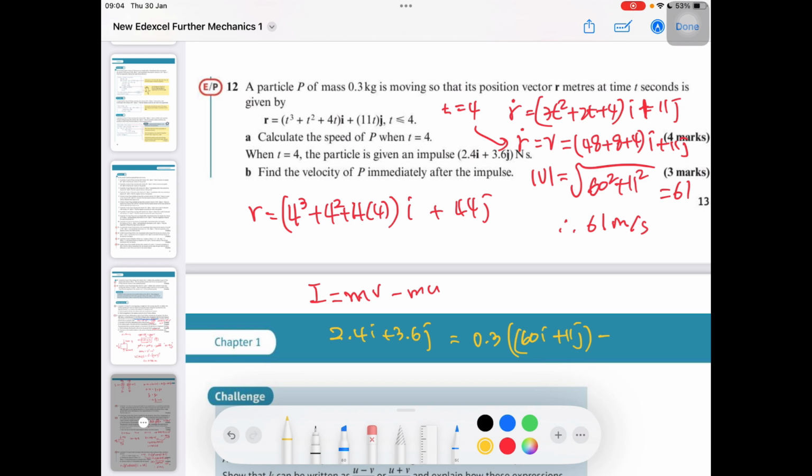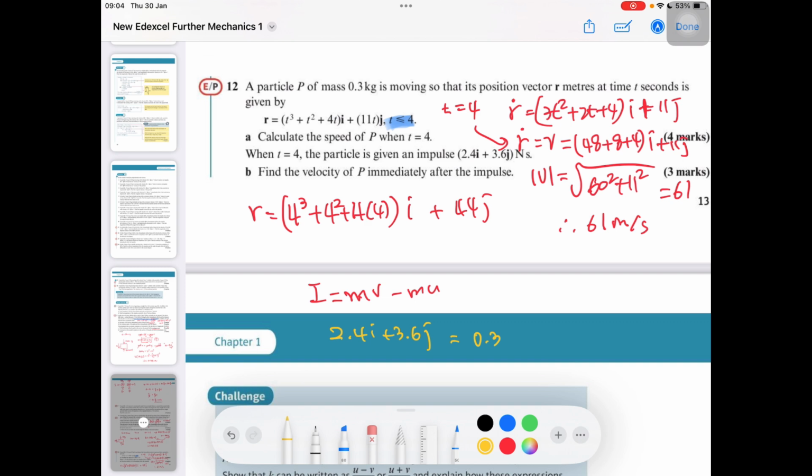Yeah. So right after, immediately after the impulse. So when t equals 4, it arrived to t equals 4, like here.